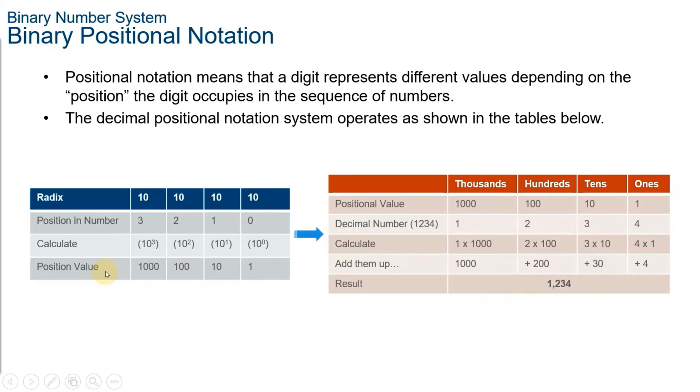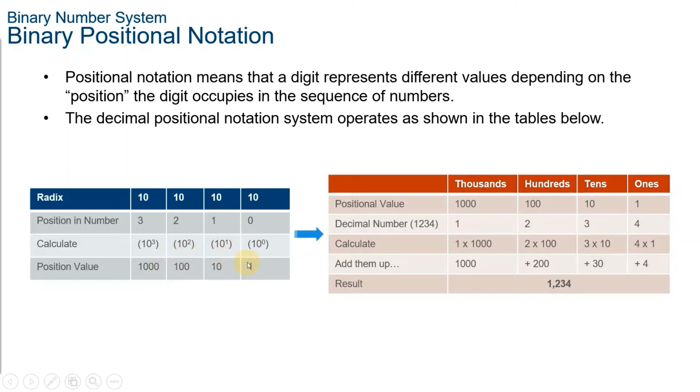Row 3 calculates the positional value by taking the radix and raising it to the exponent given by the position in row 2. Take note that n to the power of 0 is equal to 1. That's why we have 10 raised to 0 is 1, where n is the position in number. Row 4, positional value, represents units of thousands, hundreds, tens, and ones.